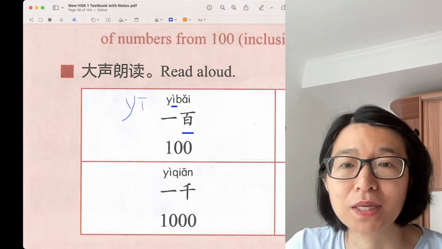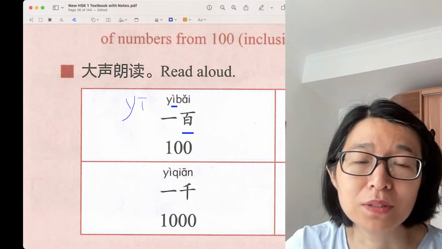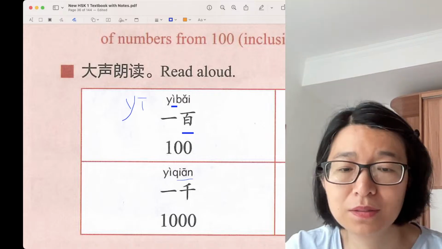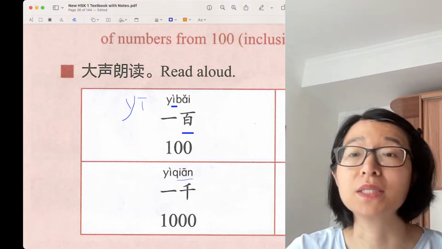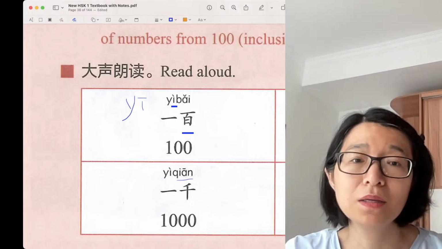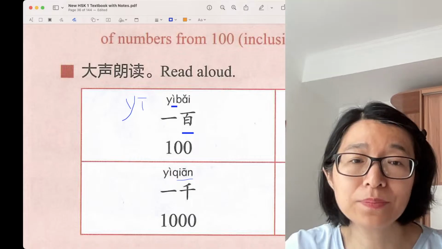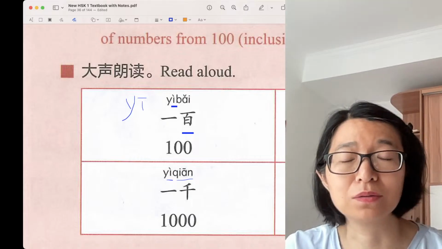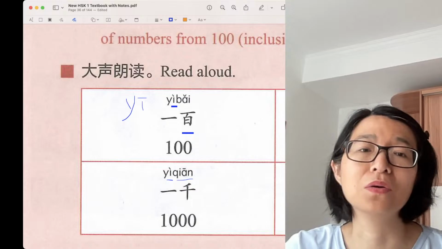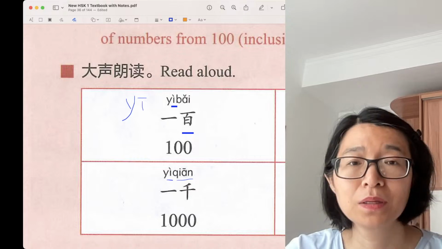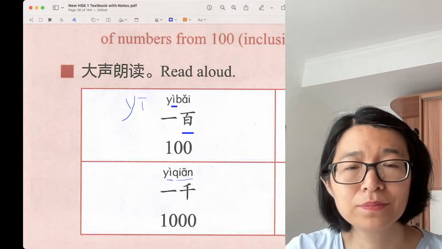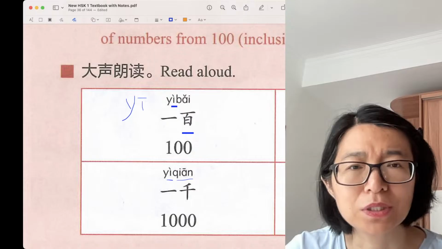Now how do you say 1,000? That is 一千, 千 here, right? 一千, 1,000. You can see 一 changed to a falling tone. So when 一 is together with the first tone or third tone, it changes to a falling tone.